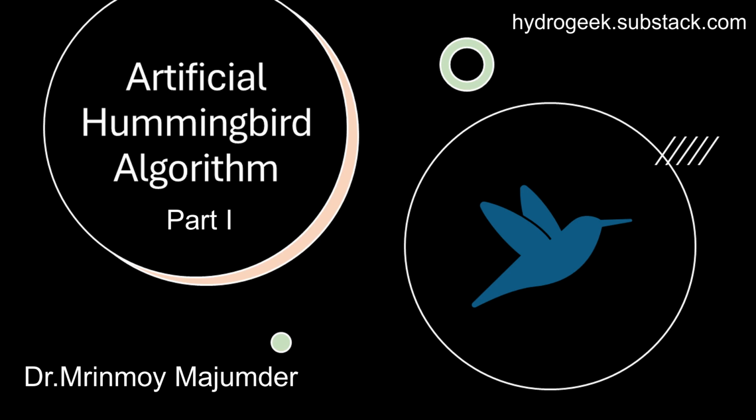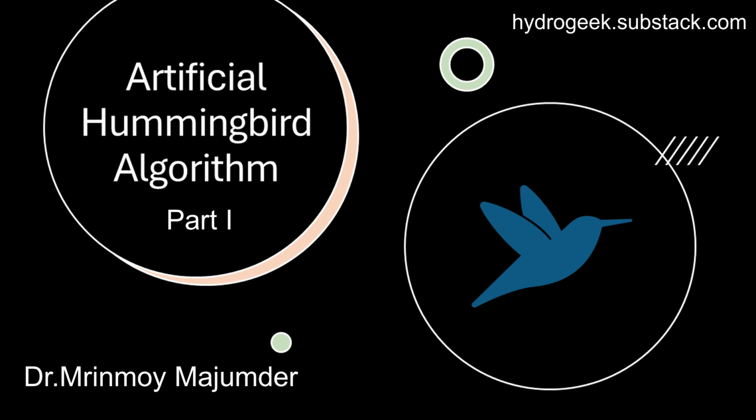So this is the way the hummingbird selects a flower or its food source. And numerically, when it is replicated, this nectar refilling rate (NRR) is the fitness function.